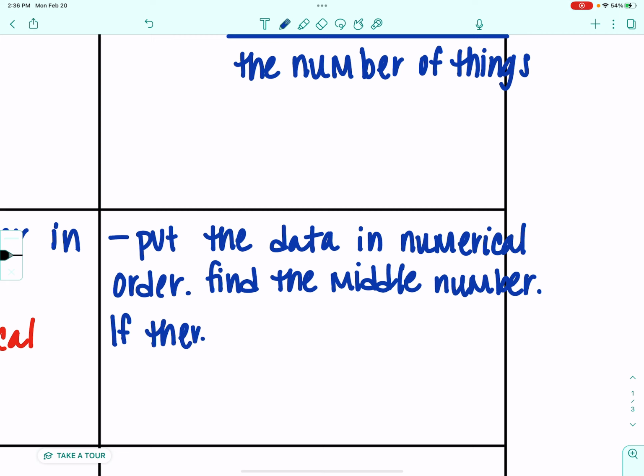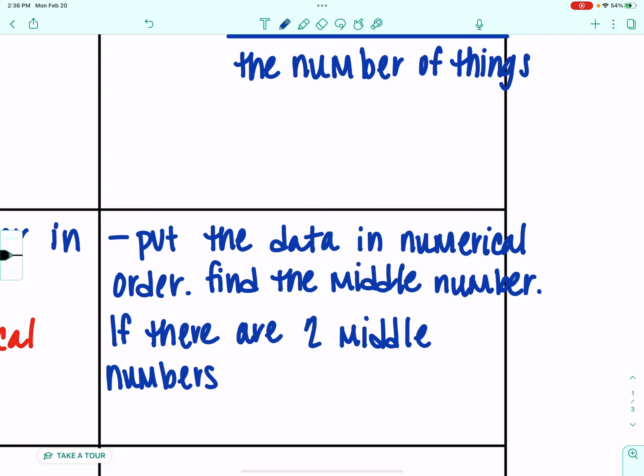If there are two middle numbers, calculate their average, or their mean, and use that.